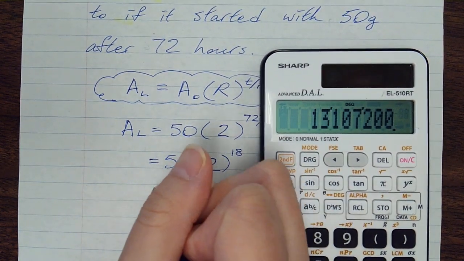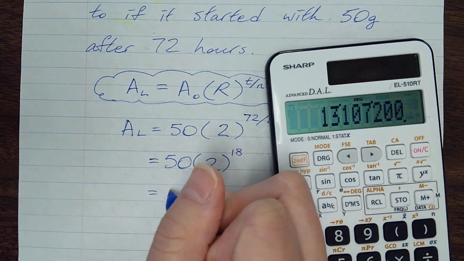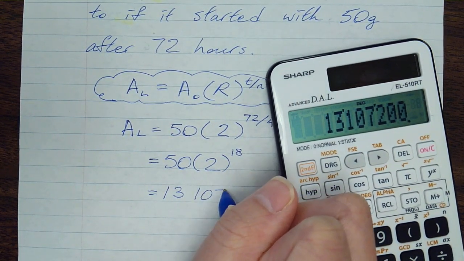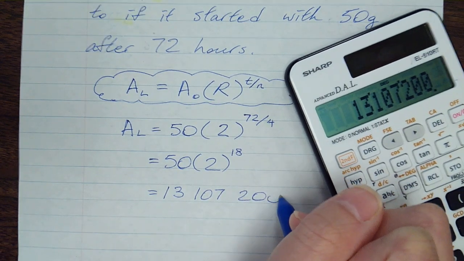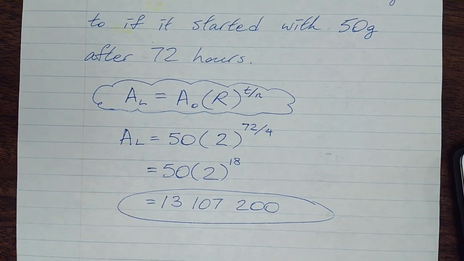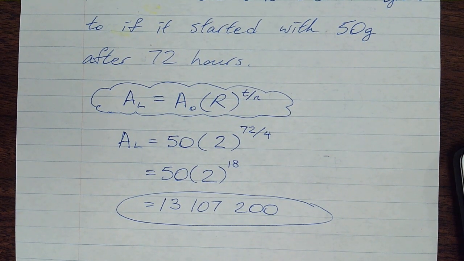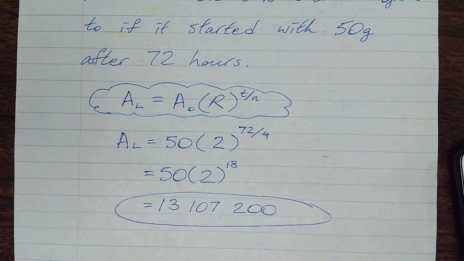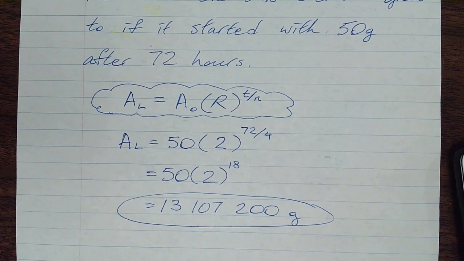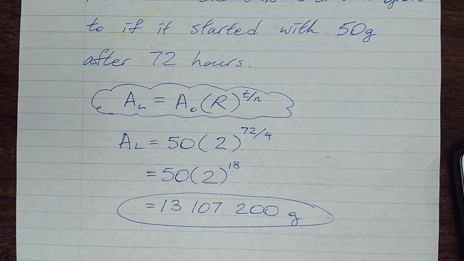So Bosco, after 72 hours, you grow to 13,107,200. King, what's my unit? Because you were asking about units. Dynamite. Grams. Good. All right. You have superpower now, Bosco.